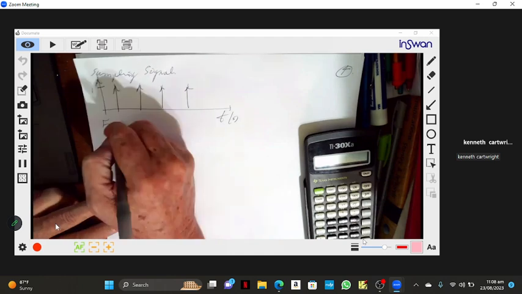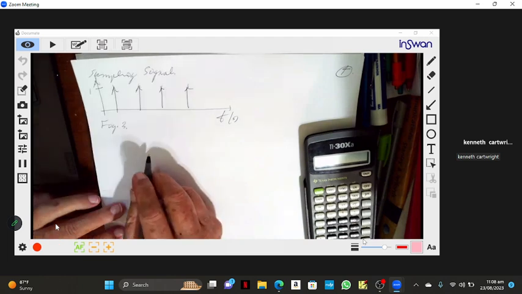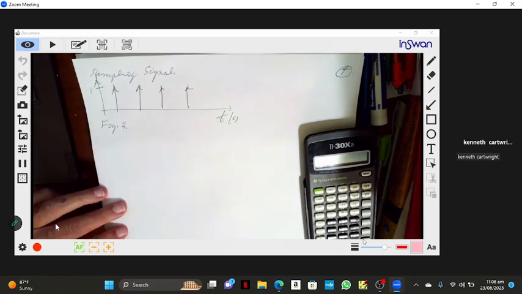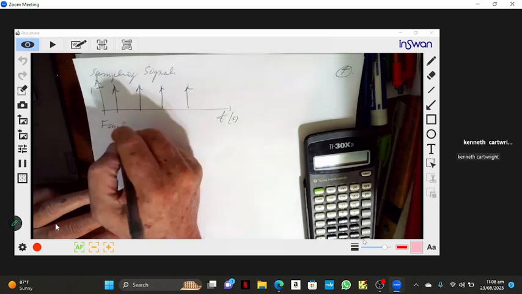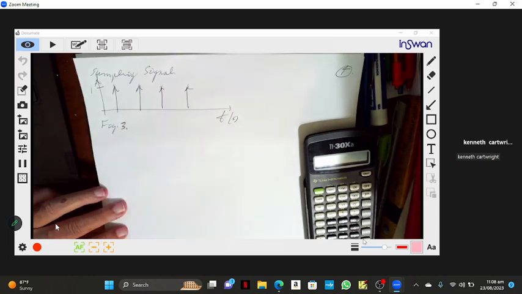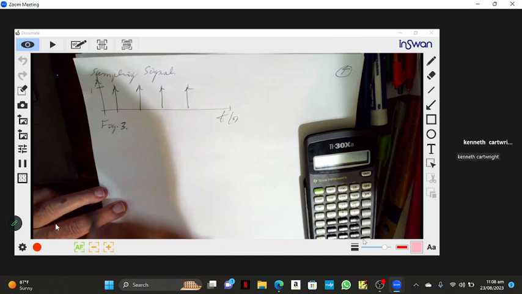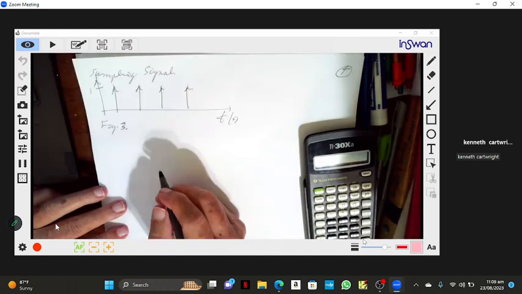Now, why can't we put this in PSpice? Well, not just PSpice. What should you know about this impulse?